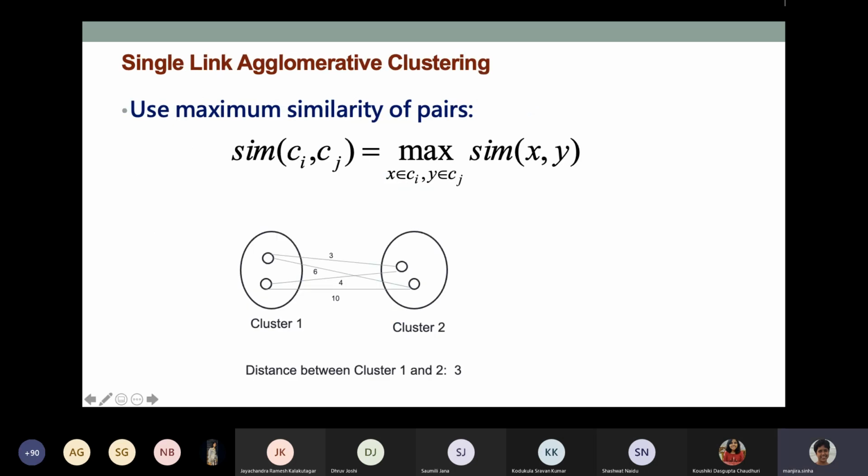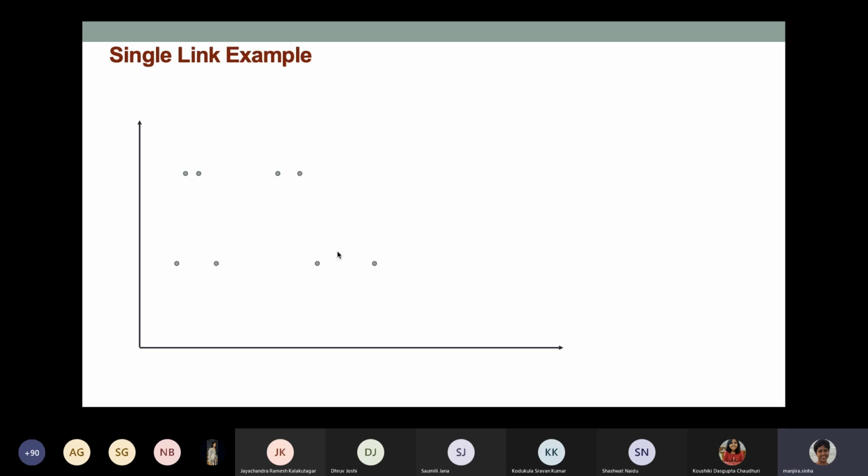So in this case, this 3 is actually a measure of the distance. If two nodes are closest to each other, then they have the maximum similarity. Just like we measure the distance between two data points, the lesser the distance, the more similar they are. Okay. So sorry for the confusion.